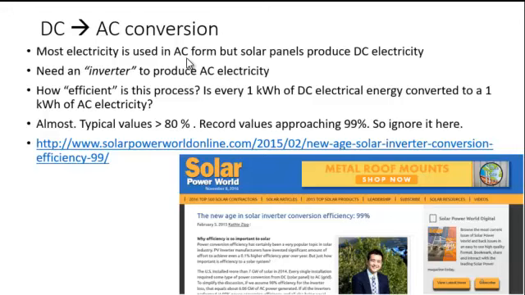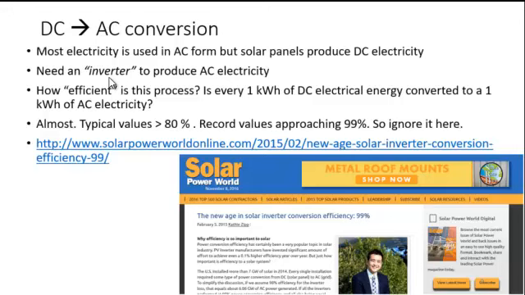Everything that you use in an outlet is AC electricity. And so we need to switch that DC electricity into AC electricity. That's the job of a device called an inverter. I'll show you what it looks like in a different video, but for the moment, just think of it as a box that takes in DC power and produces AC power as an output.